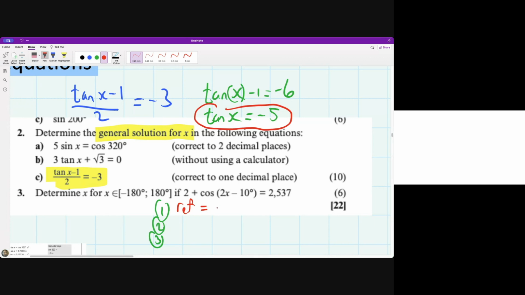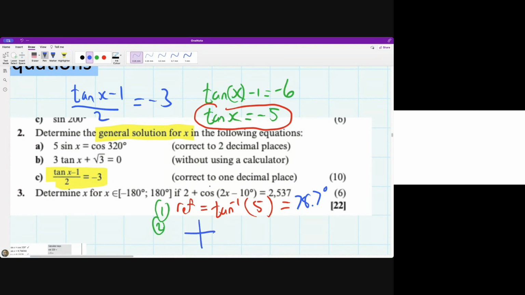So at this stage, all you do is you go shift tan and you put the number in your calculator. What reference angle are you getting for this trig equation? So we are getting 78.7.